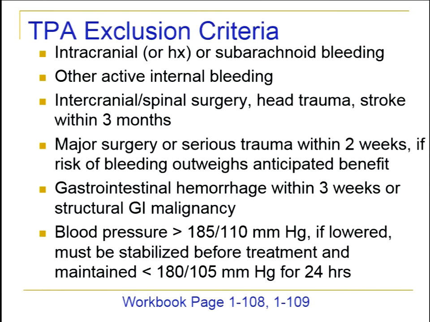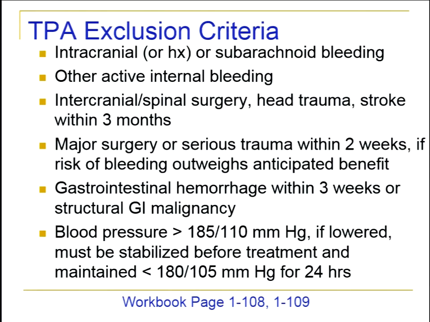If you've had major surgery or serious trauma within the last 2 weeks, and this is a new caveat, if you consider the risk of bleeding outweighs the risk of possible benefit. So that's kind of the new trendy thing to put on the end of our exclusions now. GI hemorrhage within 3 weeks or a structural GI malignancy.